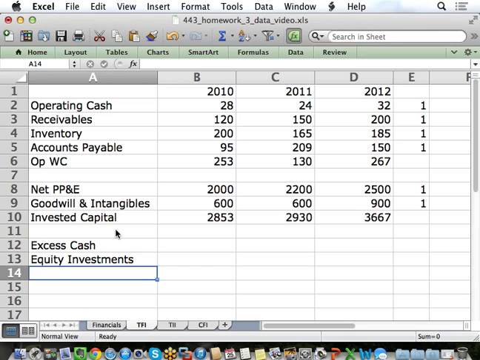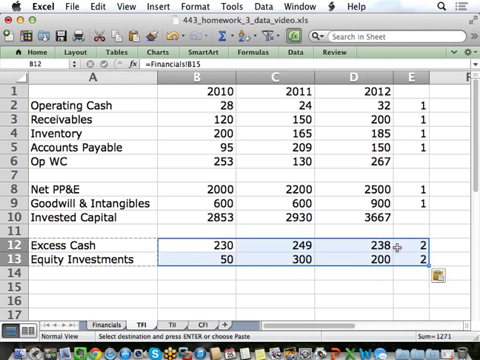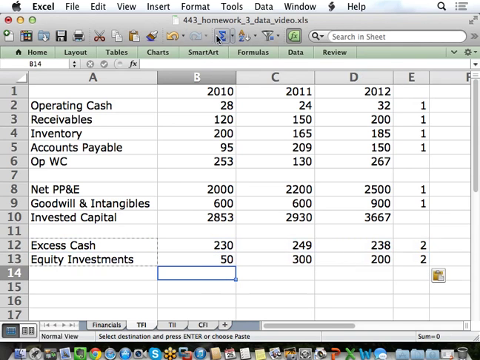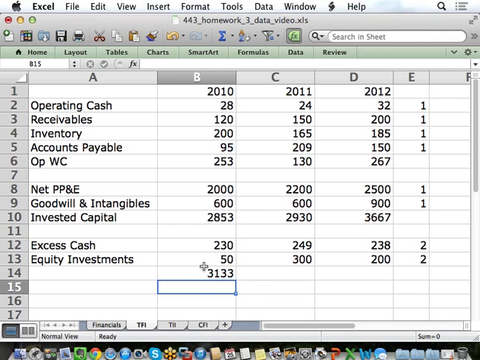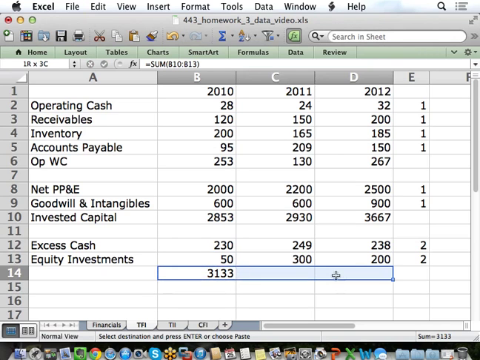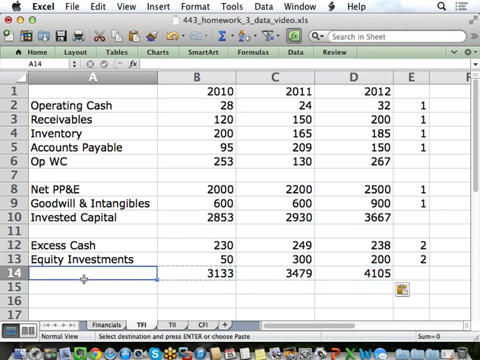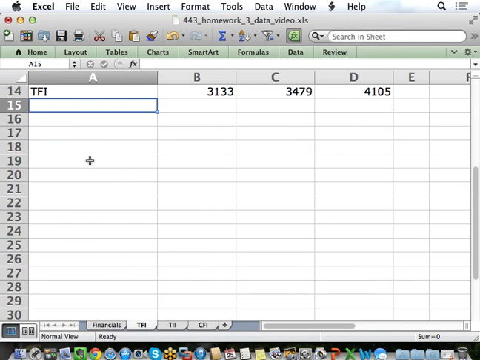non-operating activities. All right. So when I add together my 1s and my 2s, I should get my TFI, total funds invested. And that is going to be financed long-term by debt and equity.